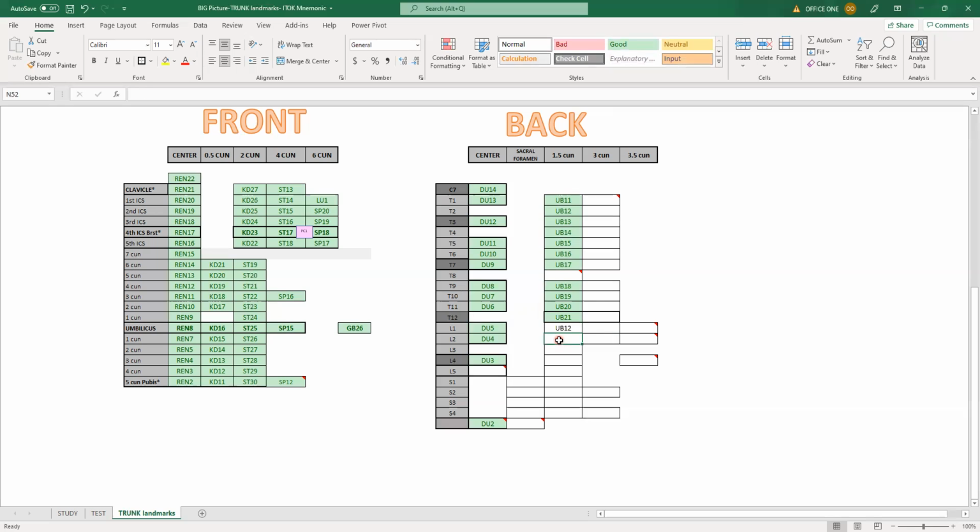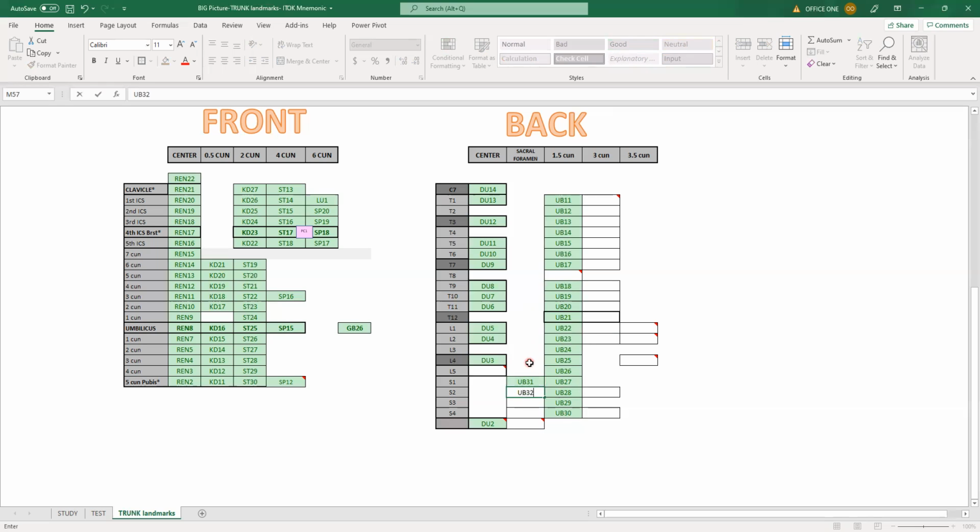UB22, UB23, UB24, UB25, UB26, UB27, UB28, UB29, and UB30. At the level of S4, the channel changes, and we continue here.